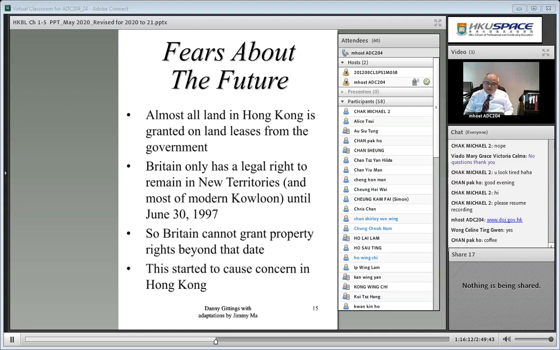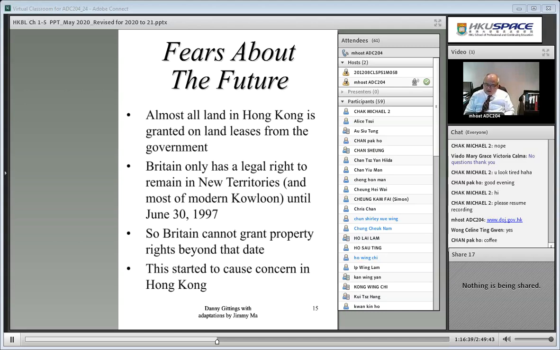What should be done? And talking about law, with leases granted in relation to those in the New Territories, the British government doesn't have an authority to grant land beyond the end date of the lease, which is a matter of law.